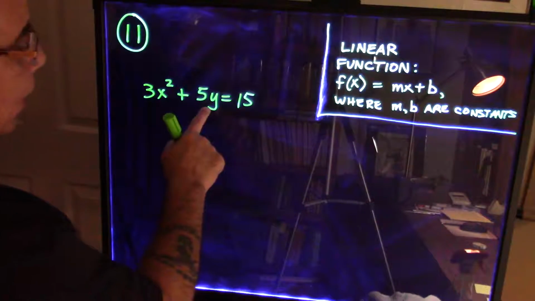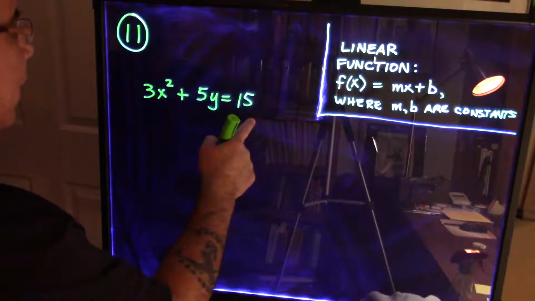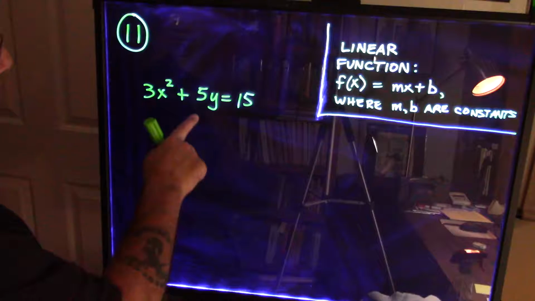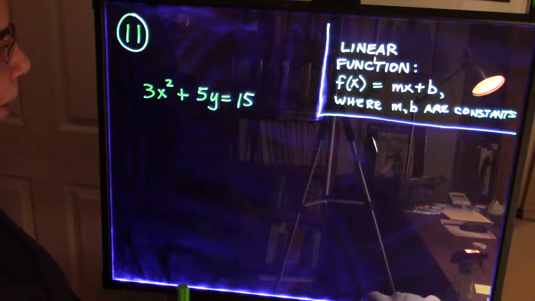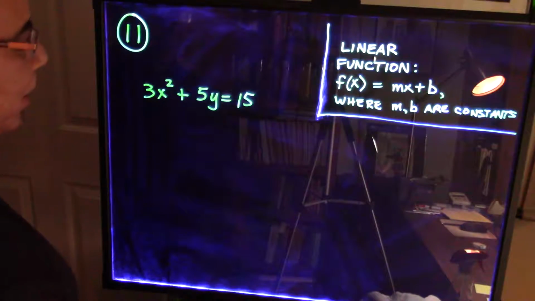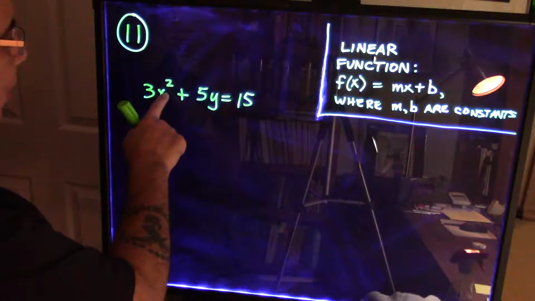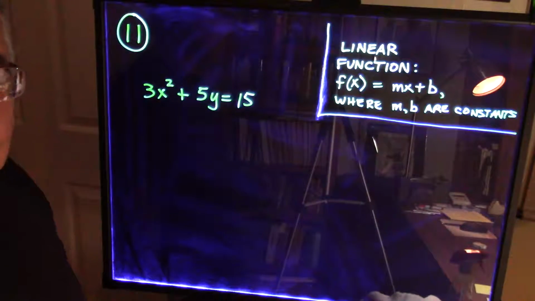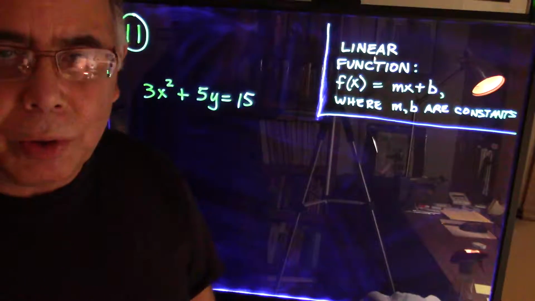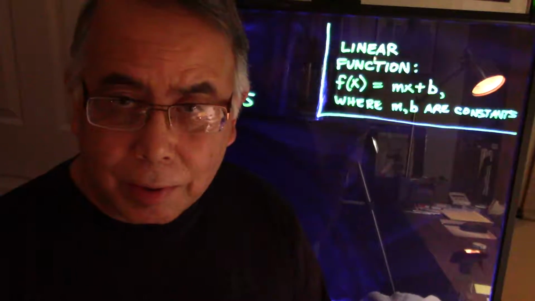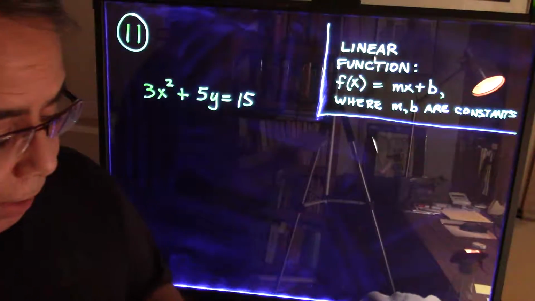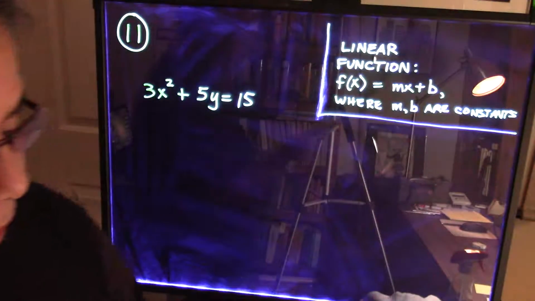You could isolate the y, get everything to the other side, and multiply both sides by 1/5 to get rid of that 5 there, and get it into this form, but still it's not going to be linear because the power on the x is not 1, it's 2, so what you have here is a parabola, alright? So this is not a straight line, and it's not a linear function.